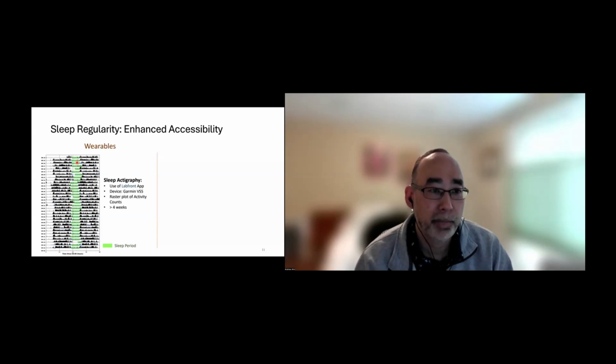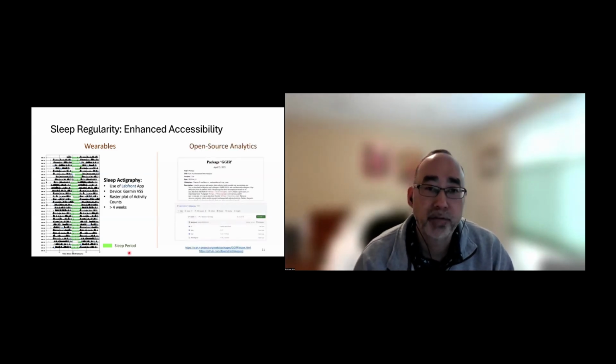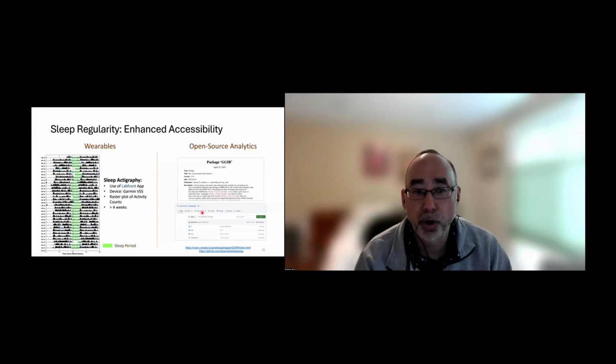You could see the sleep periods that are demarcated using our sleep activity methodologies, and you could see the amount of regularity here as well. And there's also availability of open source analytics, such as the GGIR package, which is the R package, and the SleepReg package made available by Dan Windred, who did that major publication with the UK Biobank. There's also a Python version of this as well. And so both these things have made sleep regularity increasingly accessible to researchers.